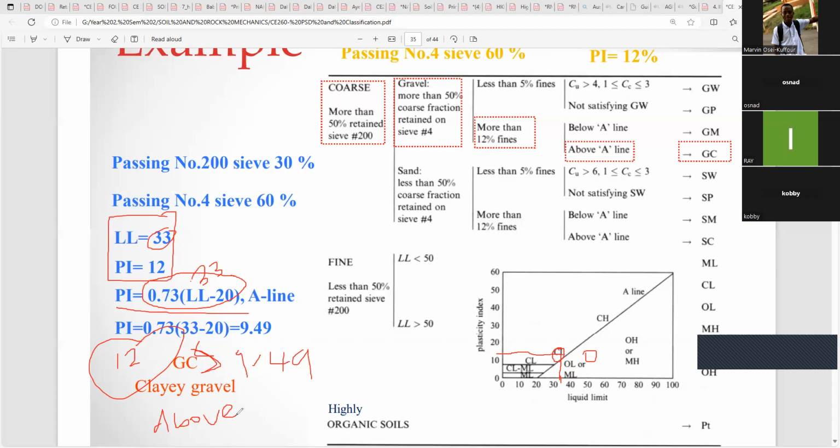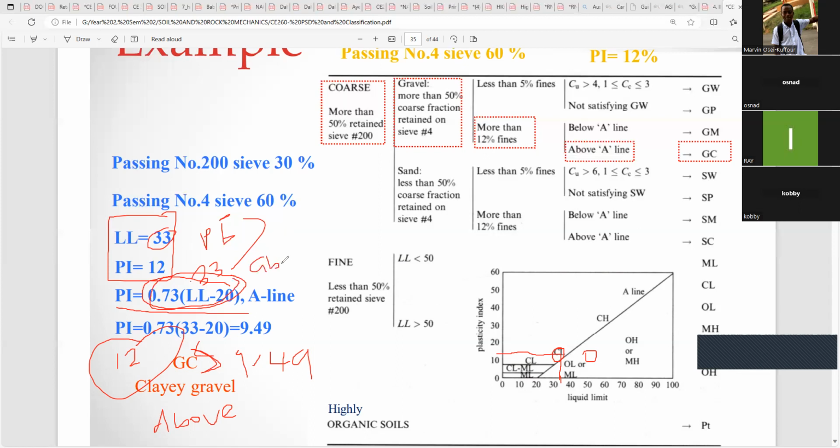He said if you get 9.49, it means above. So if you get less than the PI, it is above. If you get greater than the PI, it is below. Yes, sir. So always the PI should be greater than this whole calculation to be above.